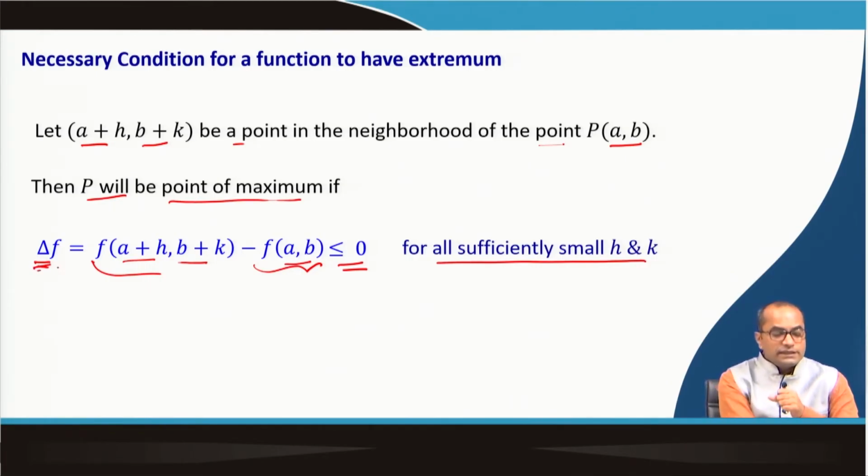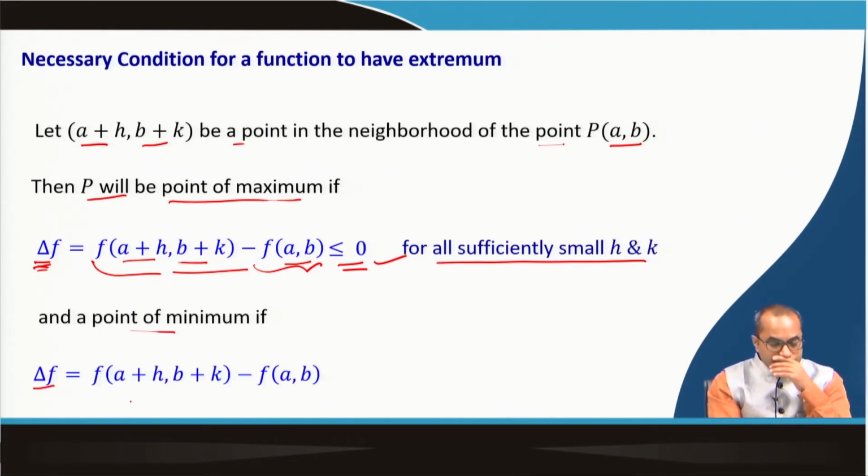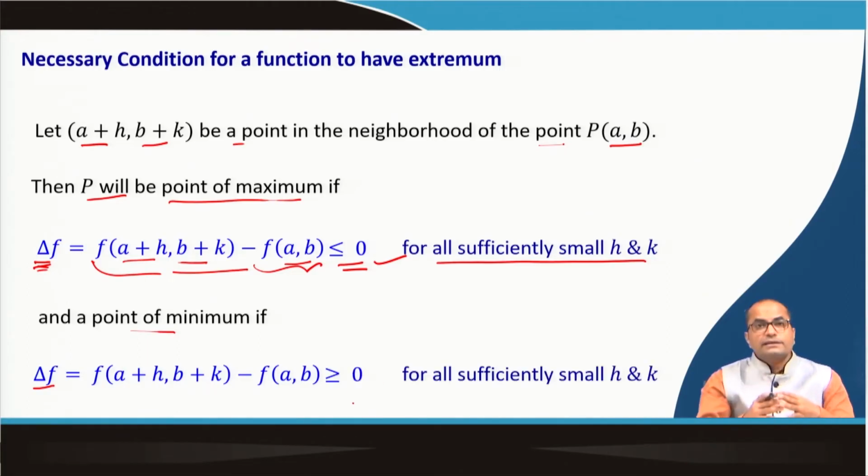In that case, this delta f which is written here has to be less than or equal to 0, and similarly this will be a point of local minimum if we have this delta f greater than 0. Because now for the minimum, that means f(a, b) is locally minimum, that means in the neighborhood the function is taking more values.